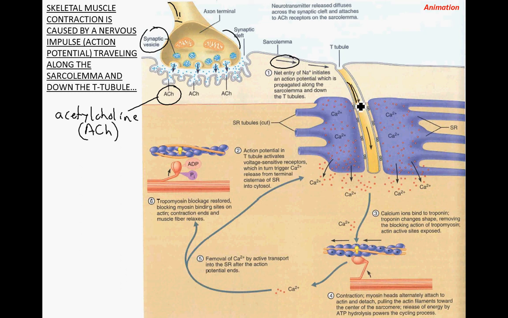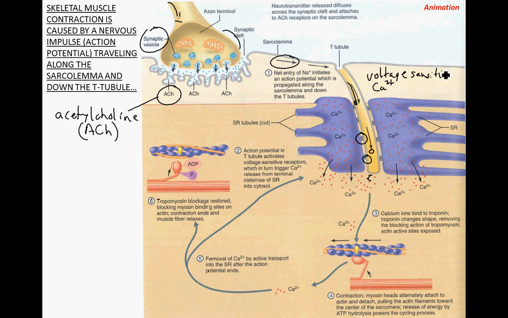The action potential then travels down the T-tubules that dive deep into the cytoplasm area of the cell. I do want to point out that this is still the sarcolemma right here. So this is outside the cell. This is inside the cell. That action potential will now trigger calcium channels here in these terminal cisternae. There's a calcium channel there that's voltage sensitive, and we've seen voltage sensitive channels before in the action potential, where we were dealing with voltage sensitive sodium and potassium channels, but here we're dealing with a voltage sensitive calcium channel.